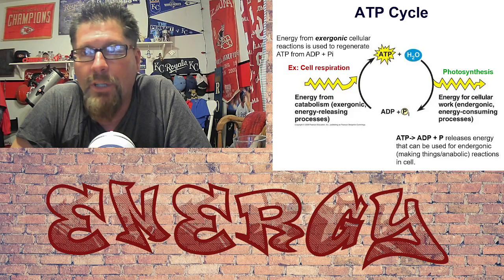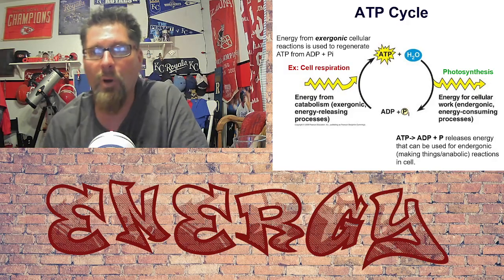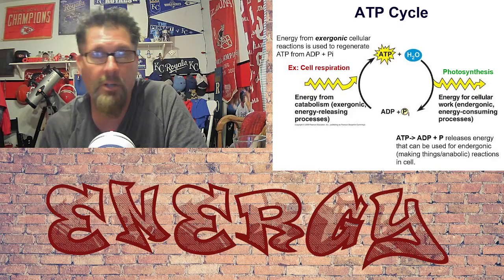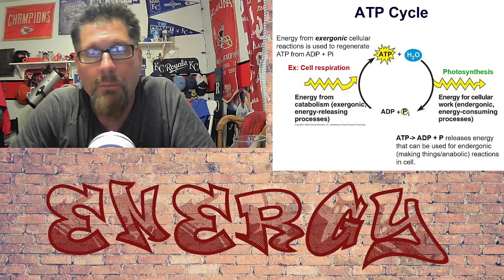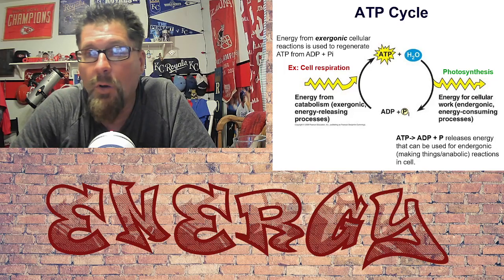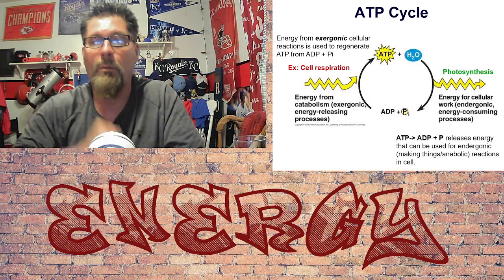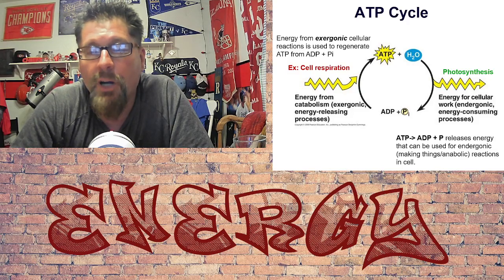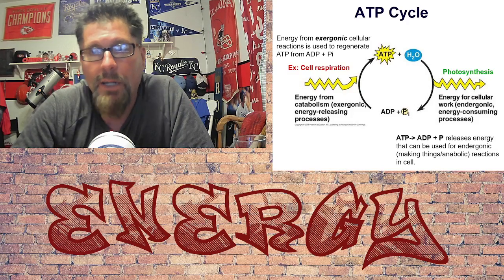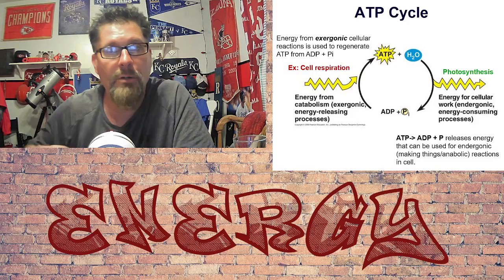But you've got the ATP molecule, and it gets broken apart. It gets built in photosynthesis. It doesn't matter where you start on that diagram. It's just a cycle. So in photosynthesis, you're going to build the molecule, and then in cellular respiration, you get it broken apart, and then some of that energy is used to build the next molecule.